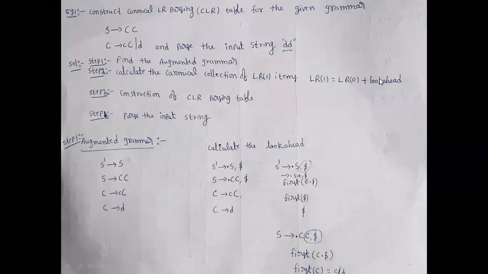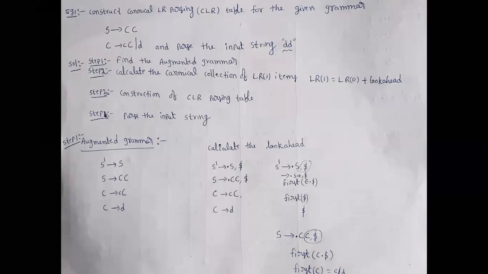This is the main difference between simple LR parsing and canonical LR parsing. The third step is construction of the CLR parsing table, and step four is parsing the input string. These are the four steps for CLR parsing.